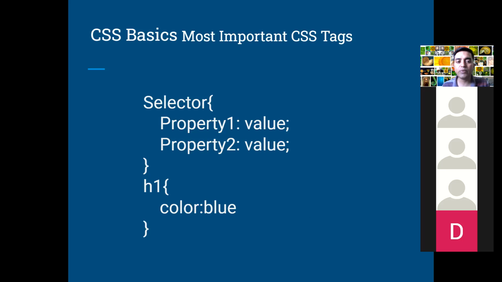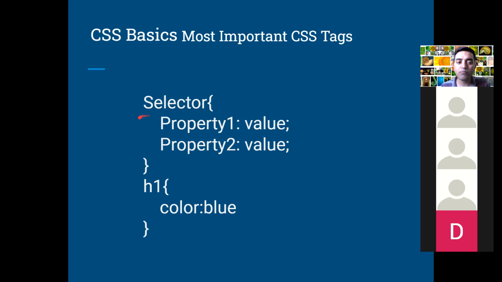CSS is basically divided into selectors. Selectors means when you select something, that is called a selector, right? Suppose I want to select someone from you. That is what a selector is, a name which will help us to identify.